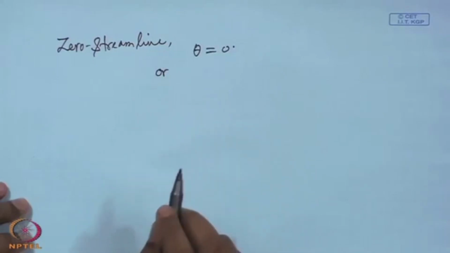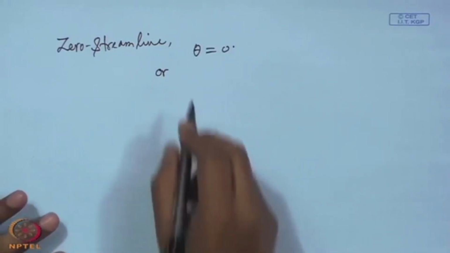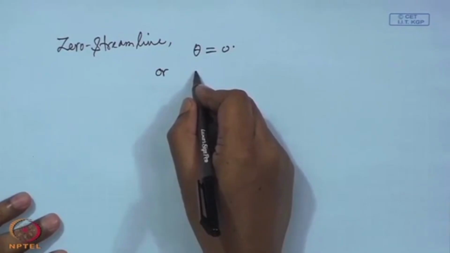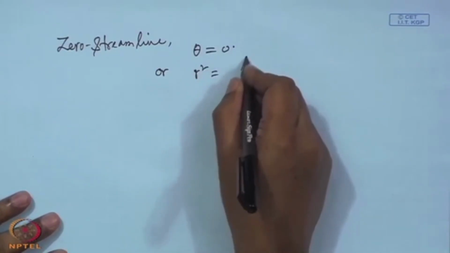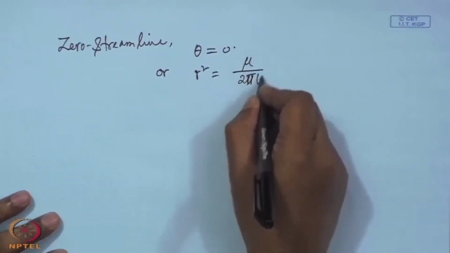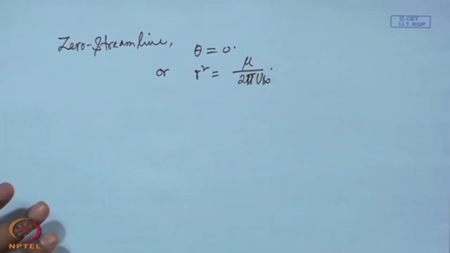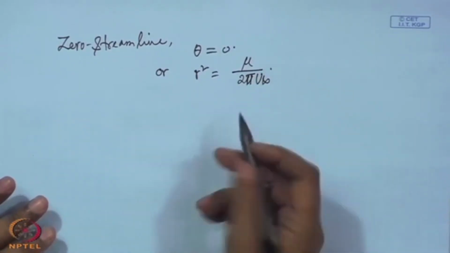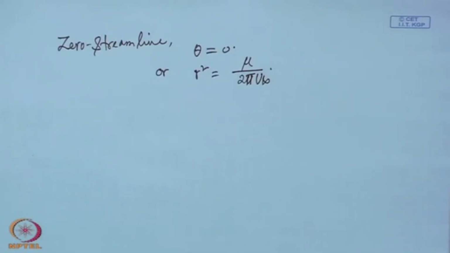Or r square equal to mu by 2 pi u infinity. What is this? r square equal to mu by 2 pi u infinity, that is a circle. So, the zero streamline is either the x axis itself, and also a circle.